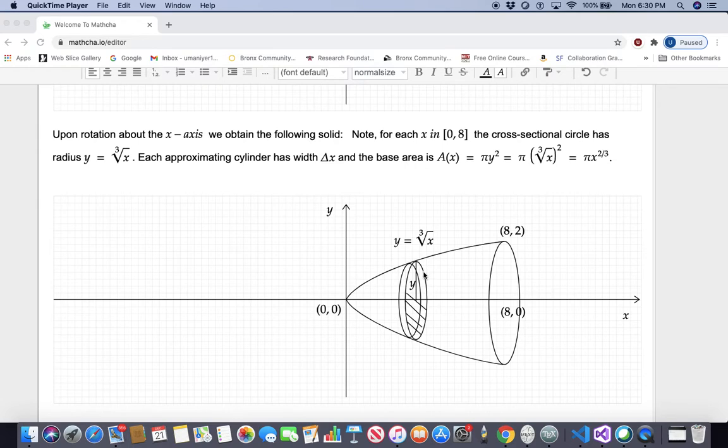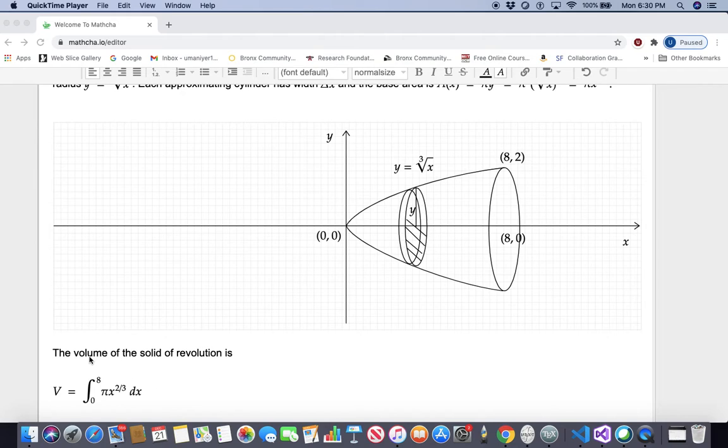And the base area here is pi radius squared, but the radius was the y coordinate. Pi cube root x squared, which is pi x to the power 2/3. That's the cross-sectional area.